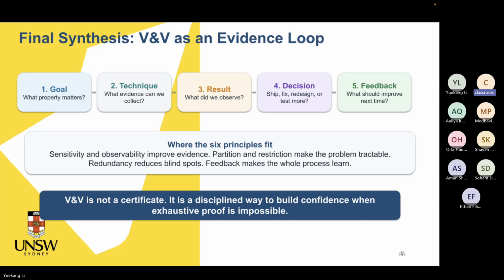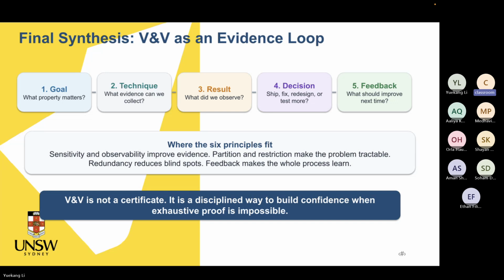If we care more about the specifications, then we are more towards verification. If we care more about the actual user experience, then we are doing more validation. And then according to the goal, we select the technique, and the technique determines what kind of evidence we can collect to show that there is a defect, a bug inside the software.